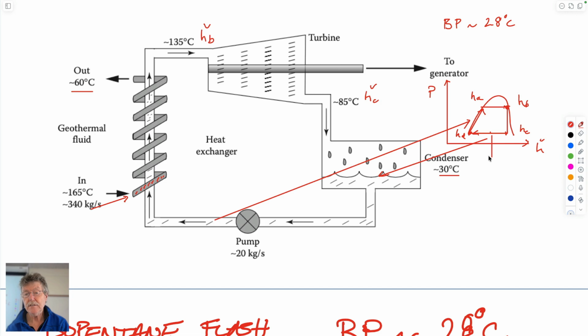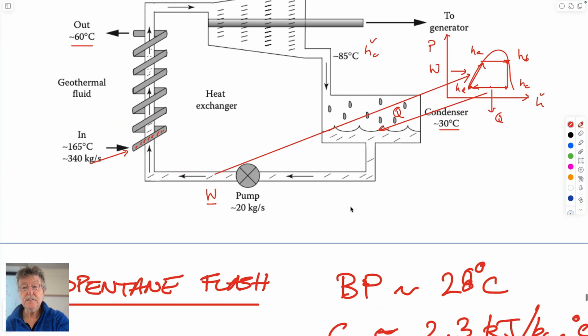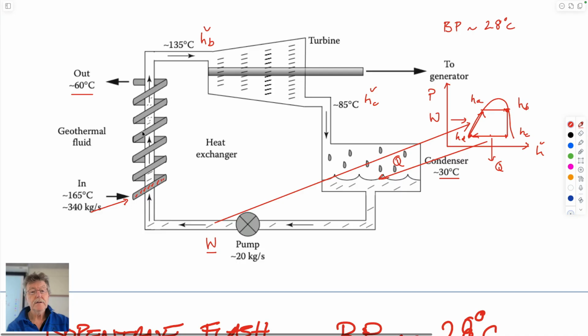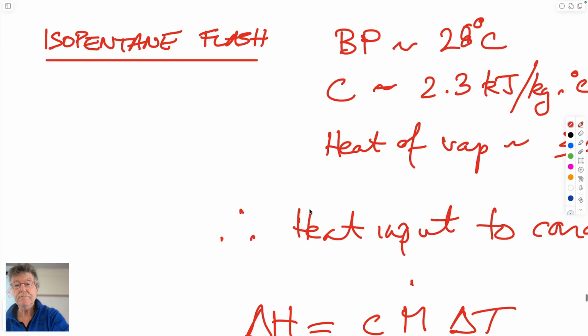So taking heat out of the system, which is Q, which is this point here, and putting work into the system, which is compression, which is this here. So that's it. And so that means that so long as you have a fluid that's circulating here, which actually has a boiling point which is below that of the water out of the reservoir, you can always generate electricity by flashing it.